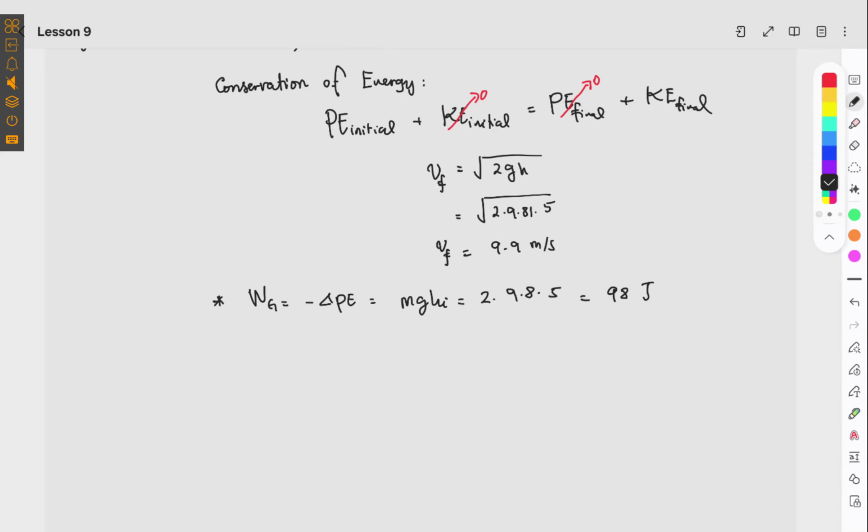And that is the work done by potential energy, the work done by spring to change the kinetic energy. Okay?